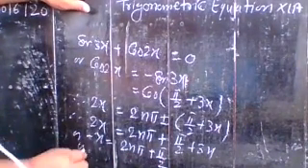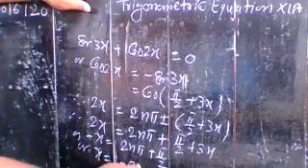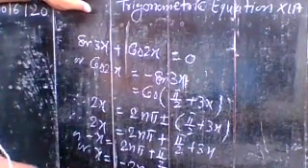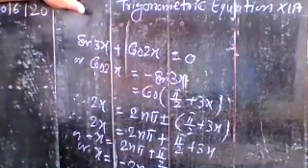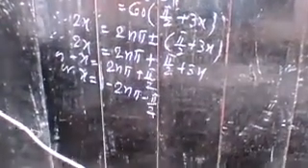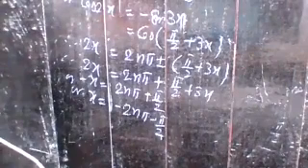Or you have x is equal to minus 2n pi minus pi by 2. You write in this way.